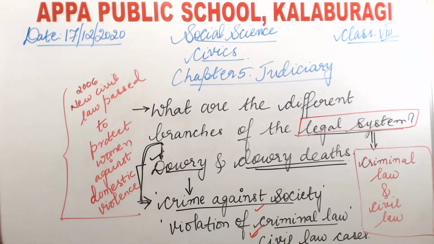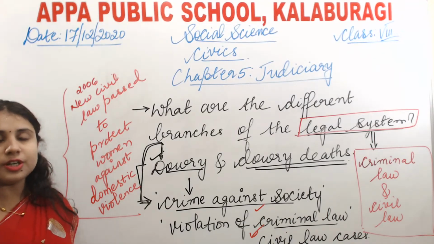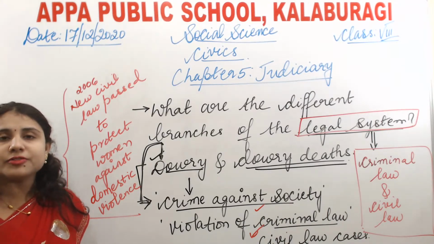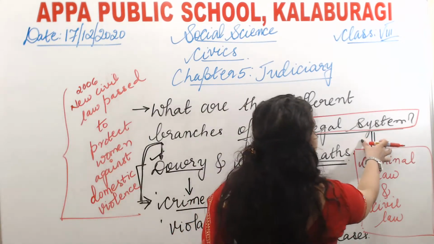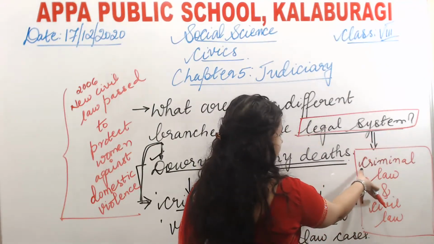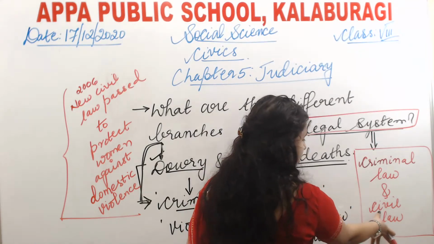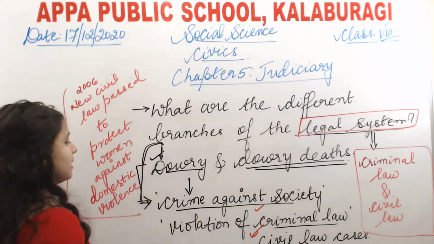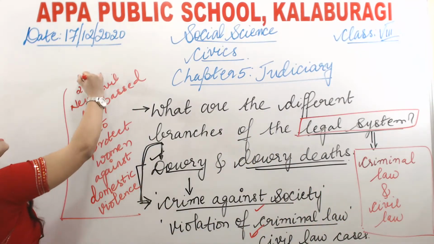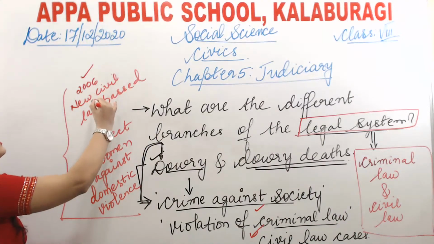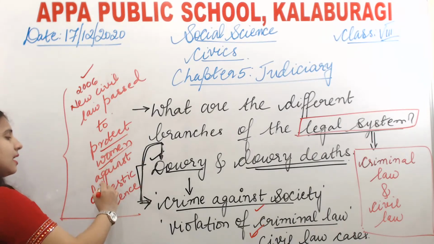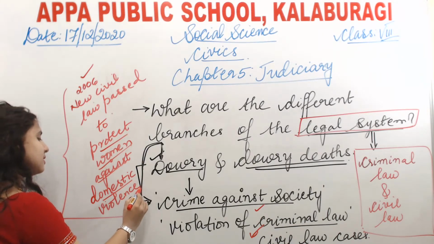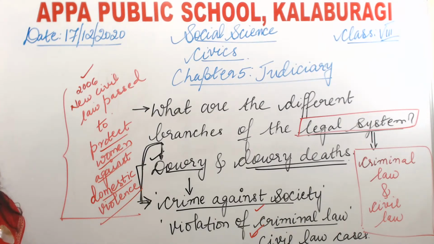If you have any doubt, you can ask me anytime, especially during your evening FCC class. So now, the legal system has criminal law cases and civil law cases. And in 2006, a new civil law was passed to protect women against domestic violence.